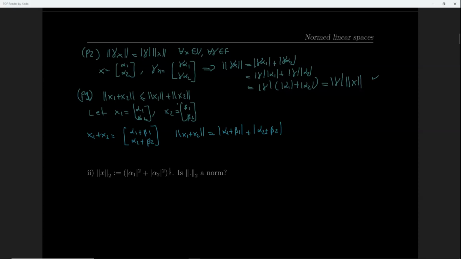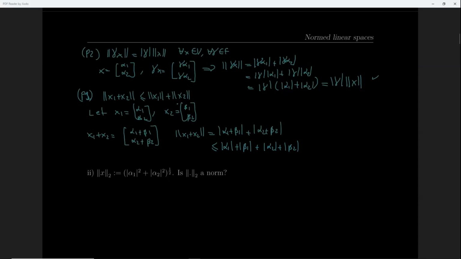And by using the properties of the absolute values, I can claim that this first term is less than or equal to absolute value of alpha 1 plus absolute value of beta 1. And the second term is also less than or equal to absolute value of alpha 2 plus absolute value of beta 2. This is because the absolute value of the sum of two terms is less than or equal to the sum of the individual absolute values.